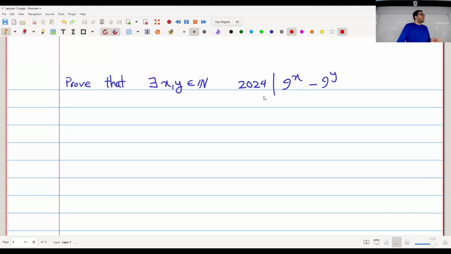And what I'm saying is that there are 2 different powers of 9 that definitely have the same remainder when divided by 2024. Why is this pigeonhole?